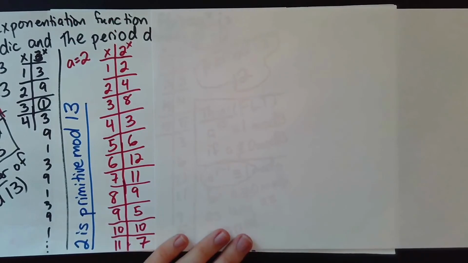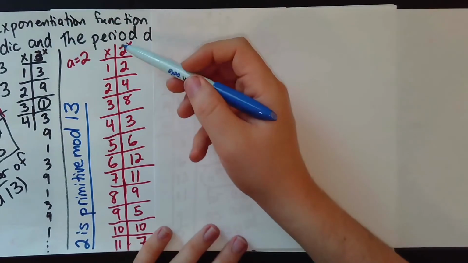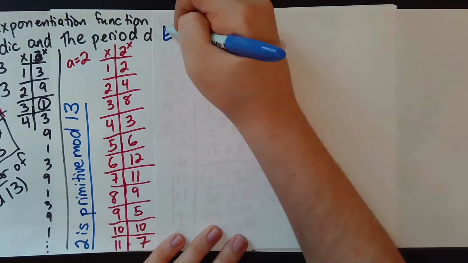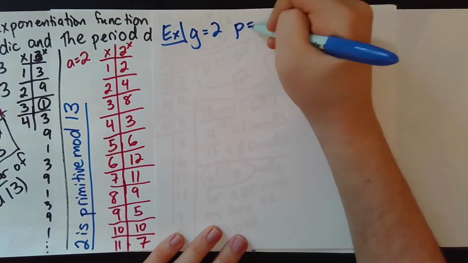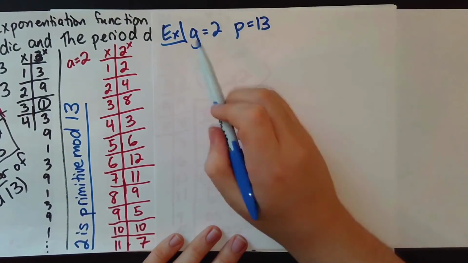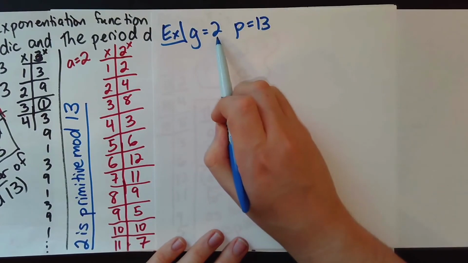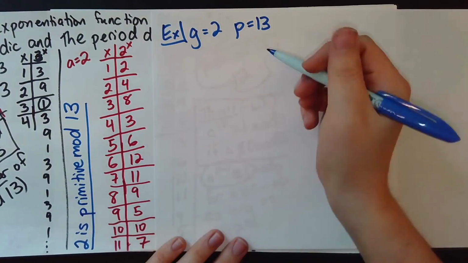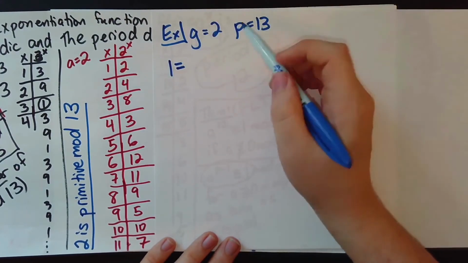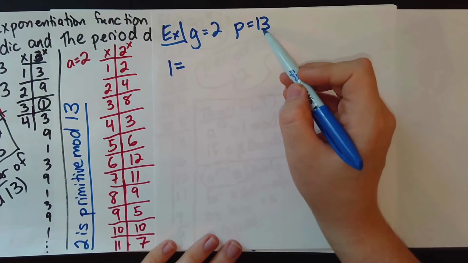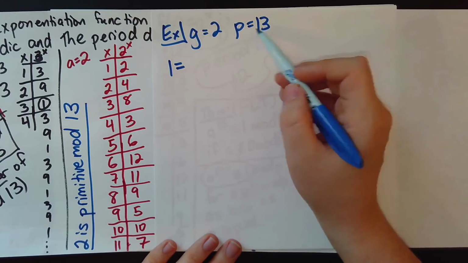Let me show you what I mean by that by doing this example again with here g is 2 and p is 13. Again, I'm using the fact that we already showed in this video that 2 is a primitive root, mod 13. And so if I write down all of my non-zero elements, mod 13, all of them are going to be a power of 2.